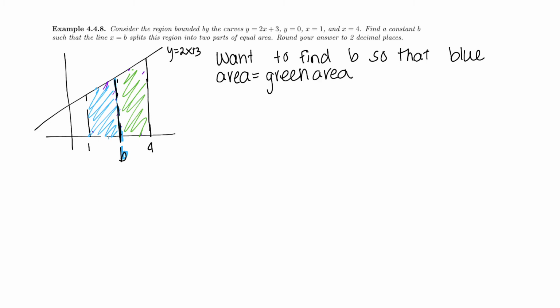So that's our goal. Blue area equals green area.